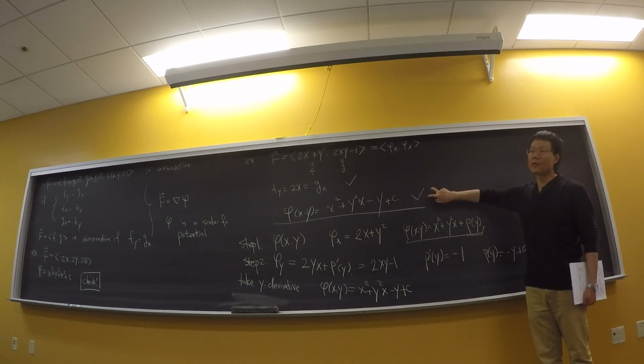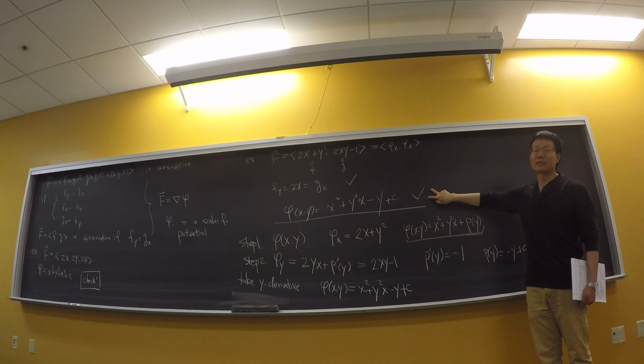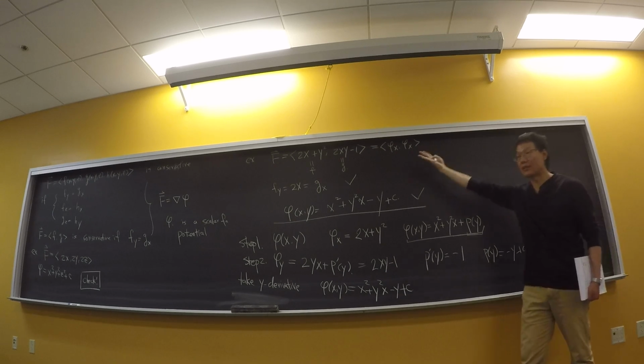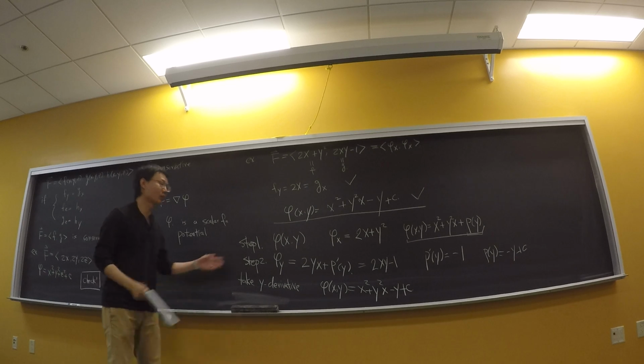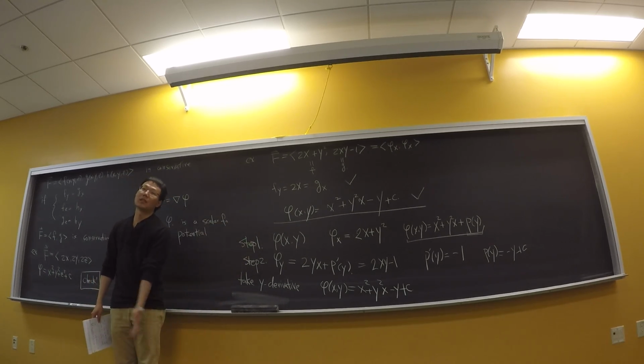You can always try to find a potential function in the very beginning, but don't waste your time on this method, because a lot of other conservative vector fields can be way more complicated than this one. It's pretty hard to look at the vector field and see what the potential function is directly. The second method, you can do logically. You don't have to worry about how complicated the vector field is.